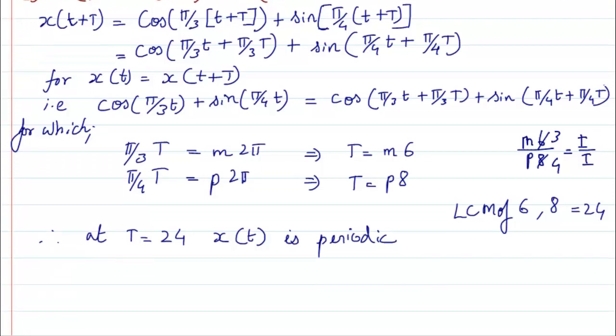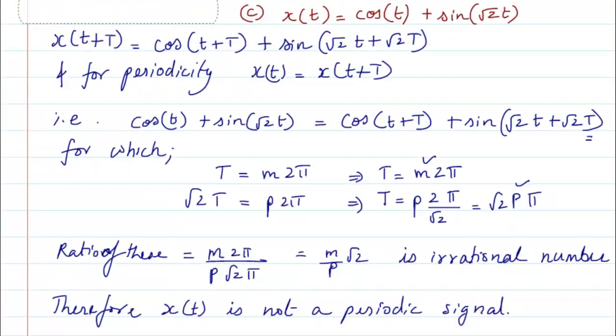So that is what we have done for this problem, and for the next problem we had done, we have found out that the ratio is basically irrational, so this cannot be a periodic signal. Now you might be surprised because cos is actually a periodic signal and sine of root 2t is also a periodic signal.